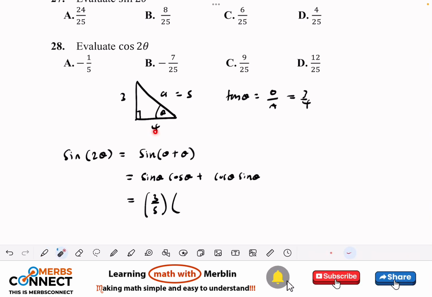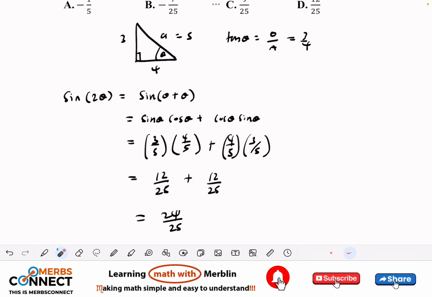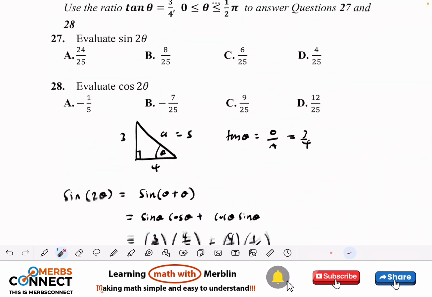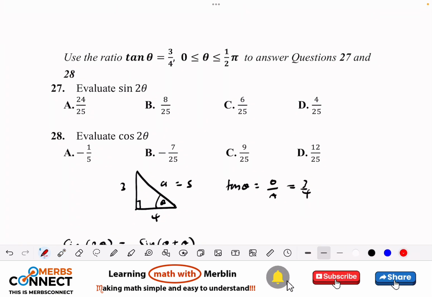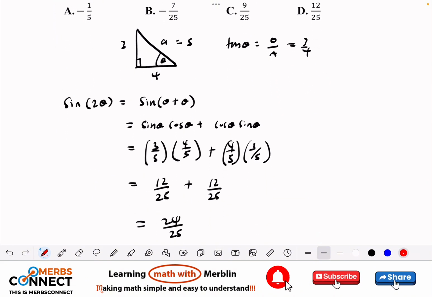Cos is adjacent over hypotenuse, so we are going to have 4 over 5, plus 4 over 5 and then 3 over 5. When you multiply here, we are going to have 12 over 25 plus 12 over 25. And when I add, I have 24 over 25. So you see that if you use the shortcut, this is what you are going to get. And it's the same thing that we are also getting here. Is that right? Good. Then I'll do the last one.